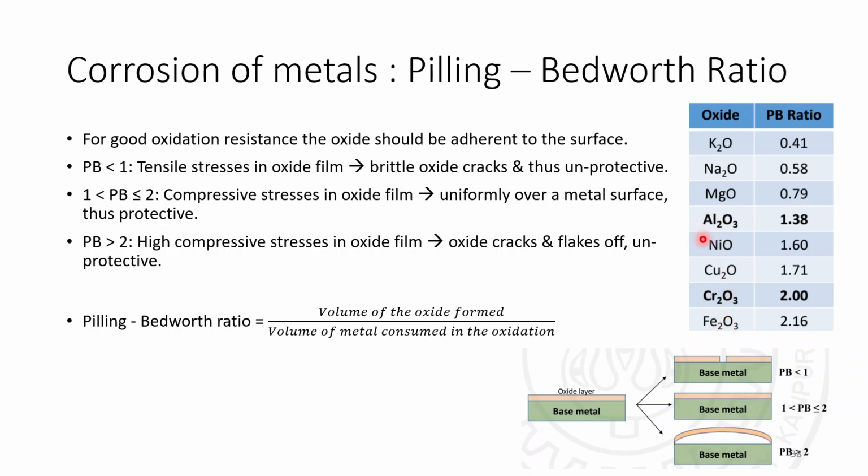When these metals are used in pure form, they provide good corrosion resistance, because their oxidation layer is uniform and doesn't flake off. In the case of iron, you know that iron and steel are easily corroded, because its PB ratio is 2.16.